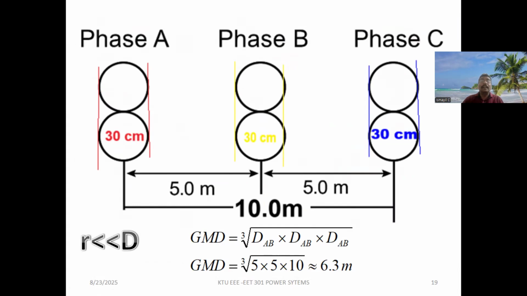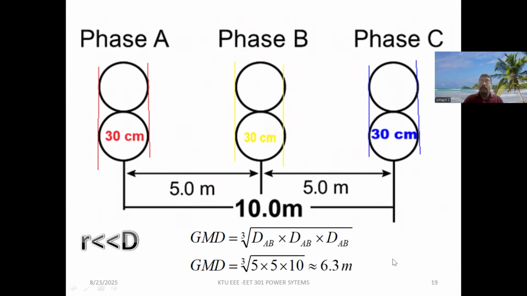Hence, we can neglect the addition or subtraction of the radius in the original distance. If we do that, we can simply calculate GMD equal to the cubic root of DAB into DBC into DCA. Here I made a mistake. So that is equal to 5 into 5 into 10. It is equal to 6.3.